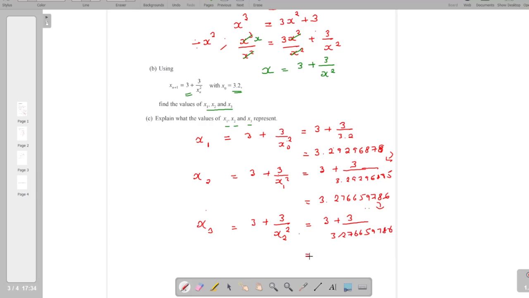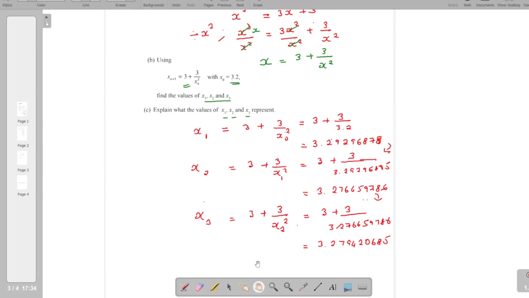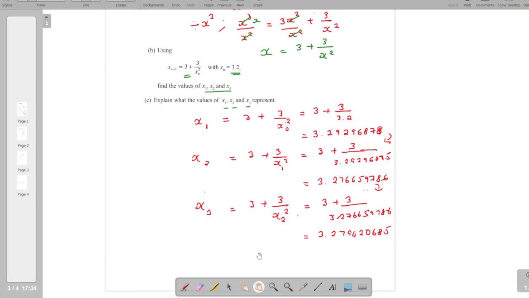That will give you 3.279420685. So these are the values.